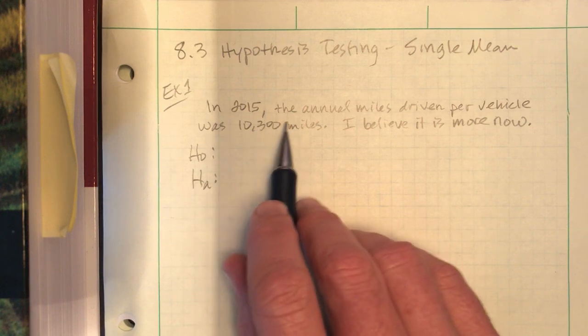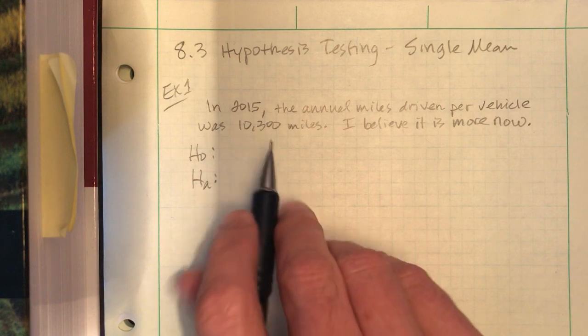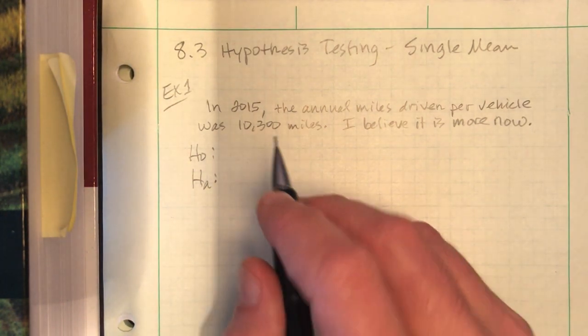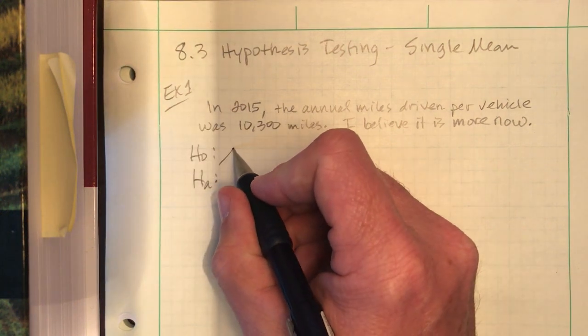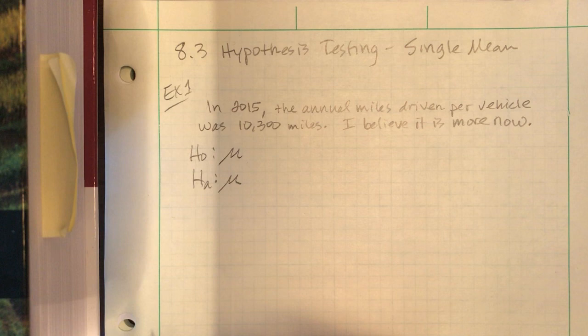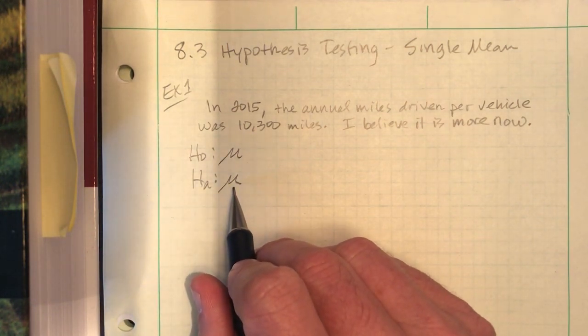So the average miles driven annually is 10,300 for all vehicles, let's say in the United States. So average, instead of proportion, says mu, not p. So in both statements, we're going to use the population symbol for mean, which is mu.